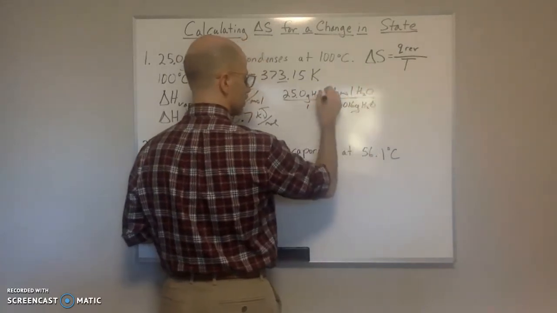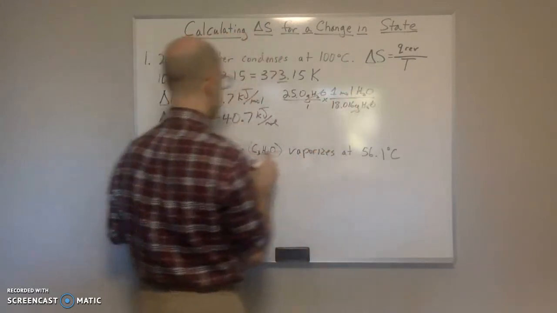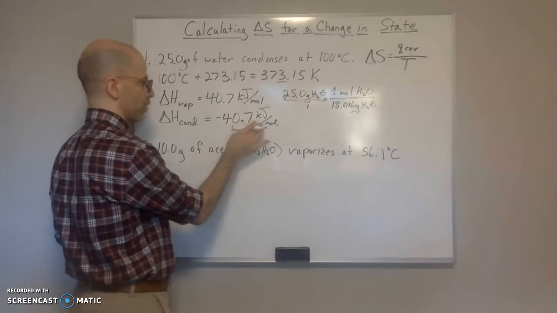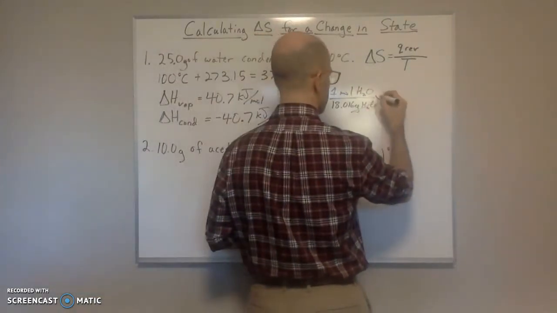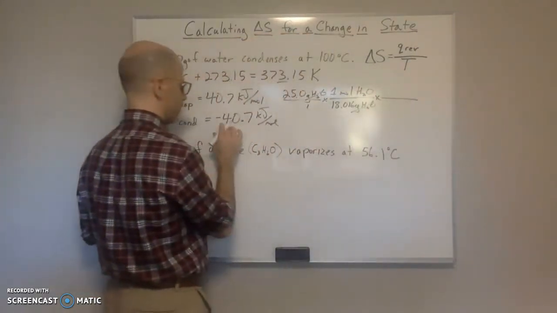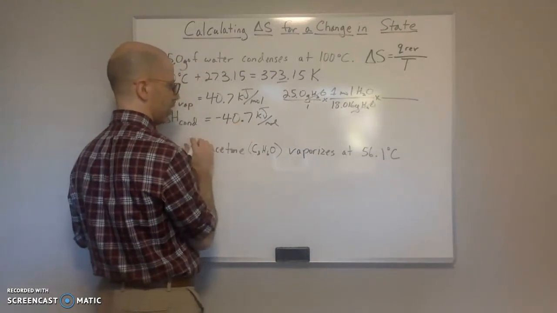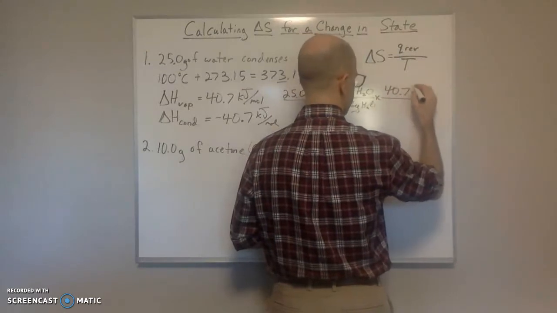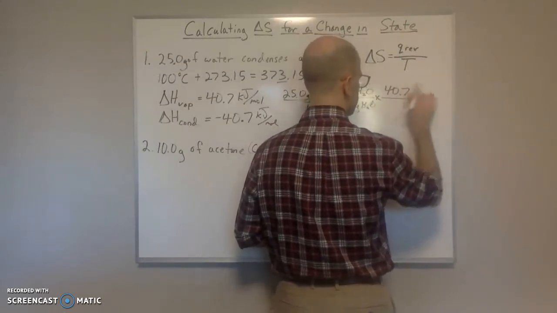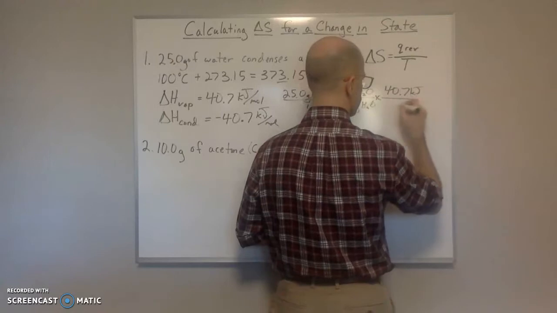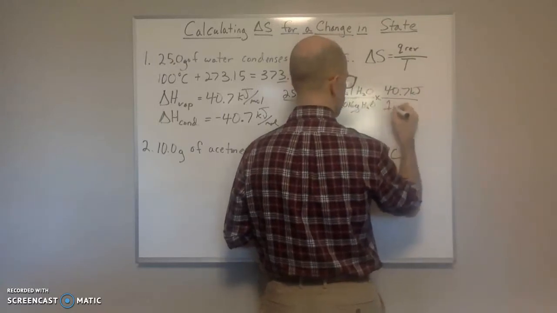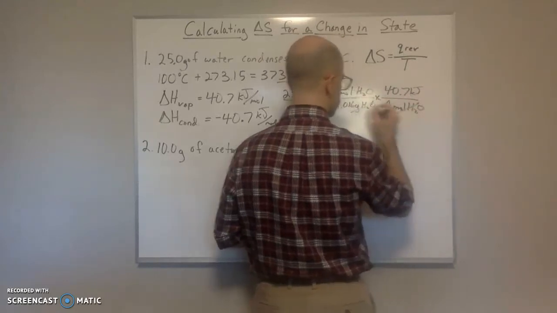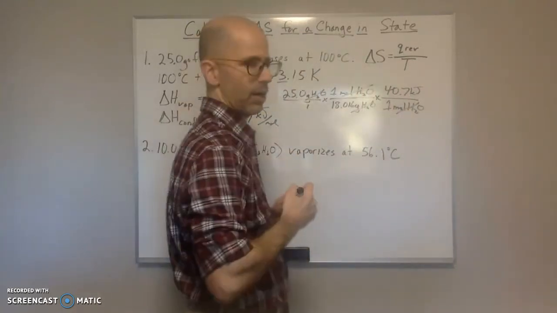Grams cancel out. Now we have moles, and we can use a conversion factor to convert moles to kilojoules. So we have negative 40.7 kilojoules per mole of H2O. Moles of H2O cancel out.